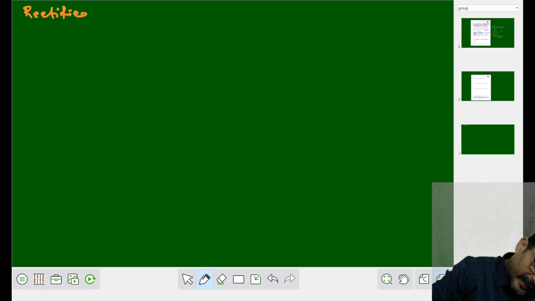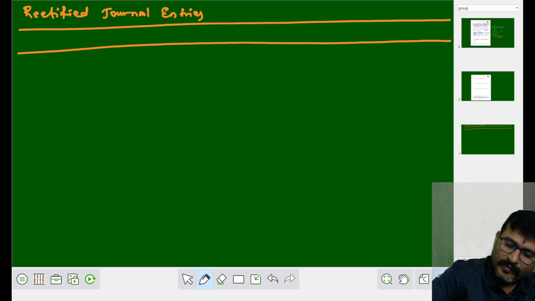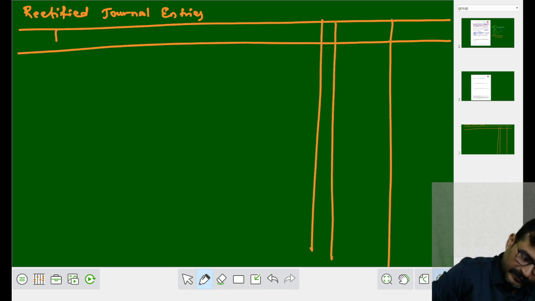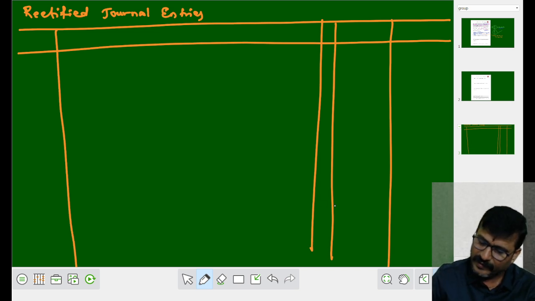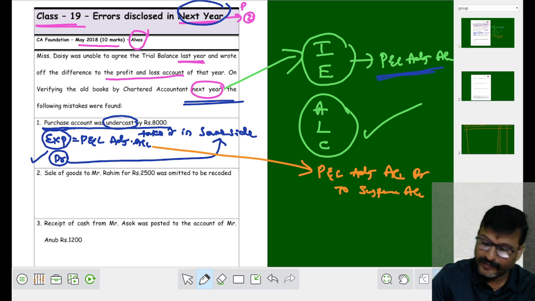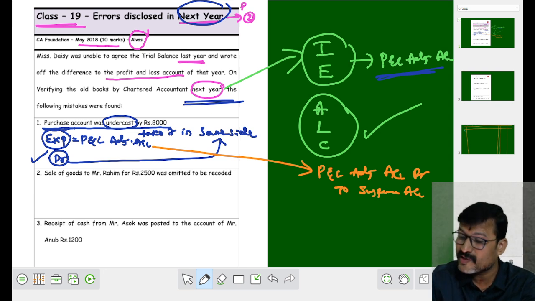Now the heading is rectified journal entries. Fine. What is the answer for the first rectified journal entry? The answer that you got from this explanation is P&L adjustment account debit to suspense account.